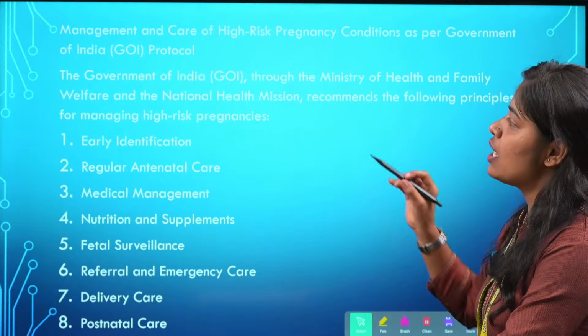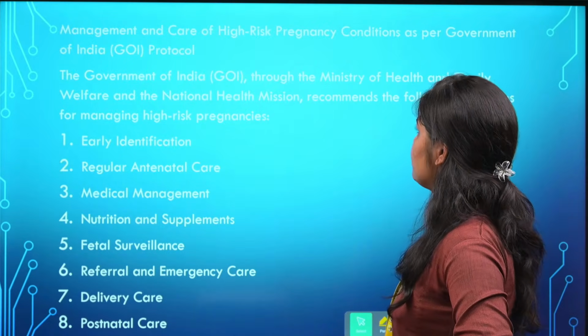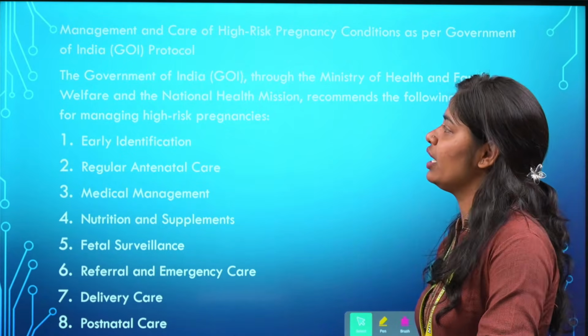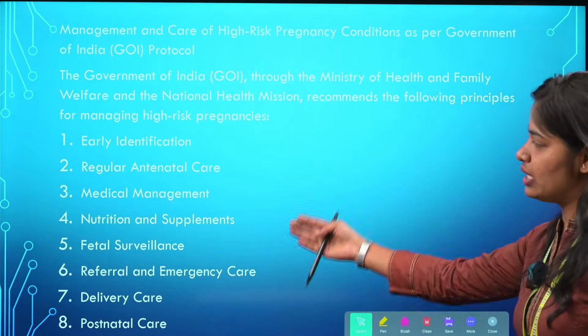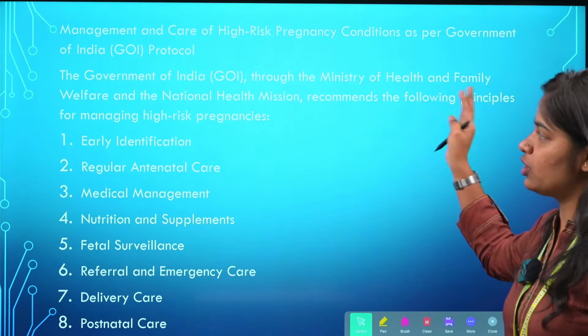The Government of India, through the Ministry of Health and Family Welfare and the National Health Mission, recommends the following principles for the care and management of high risk pregnancy.